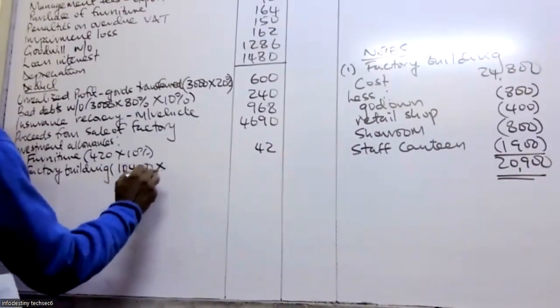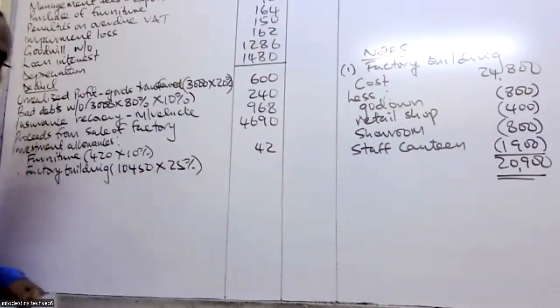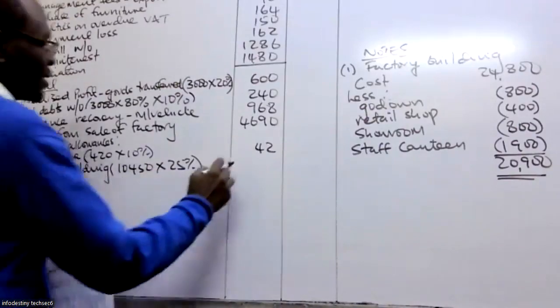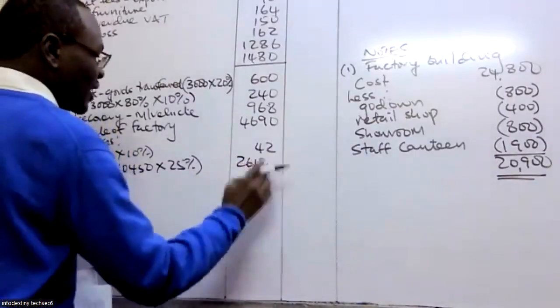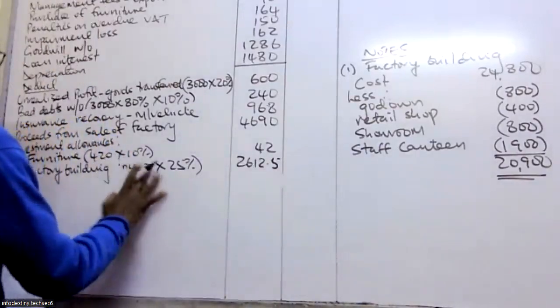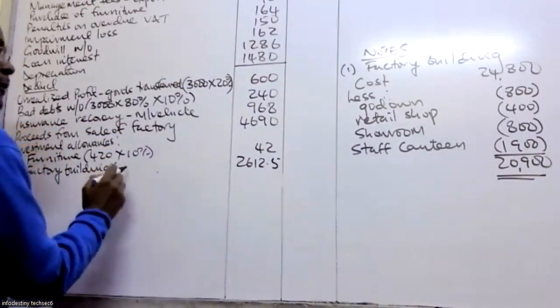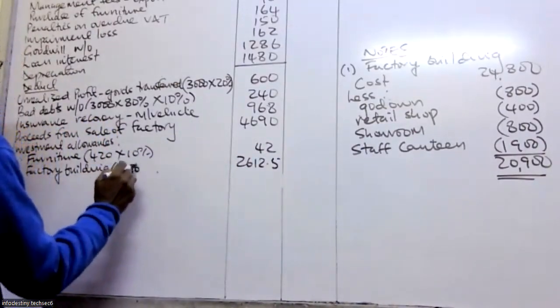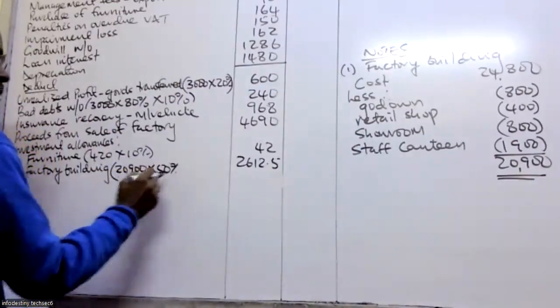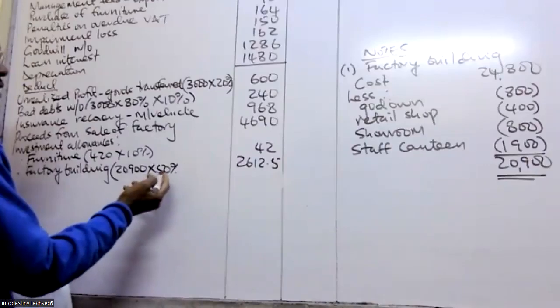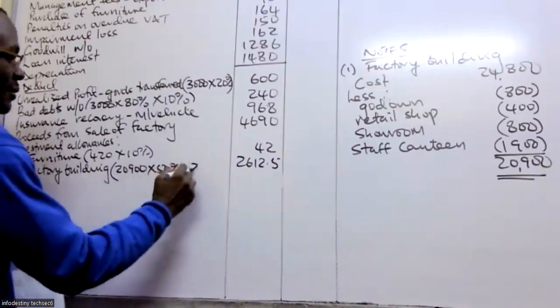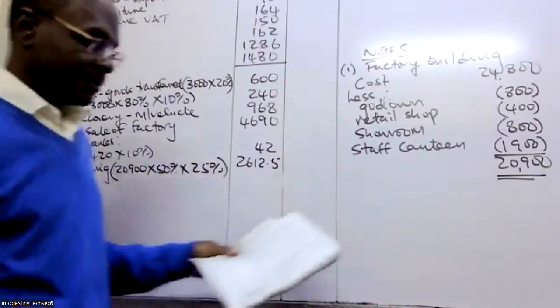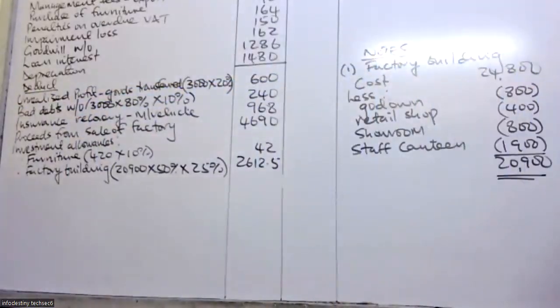Then this year you claim 25% of the residual value. The other alternative would have been to get 2,900 as the cost, then multiply by 50% for last year. So this is what is left. The residual is 50% of 2,900. Then I get 25%. It's still the same thing. So that's the factory building.